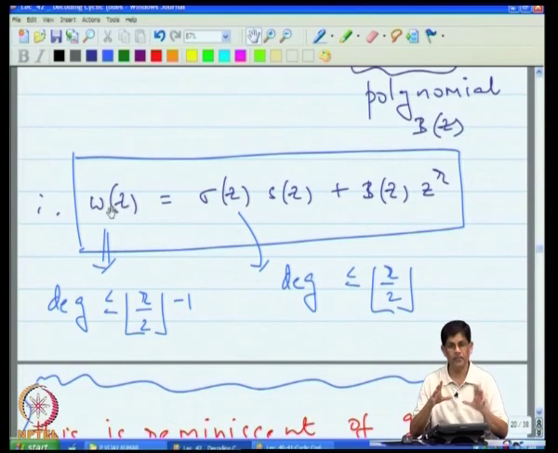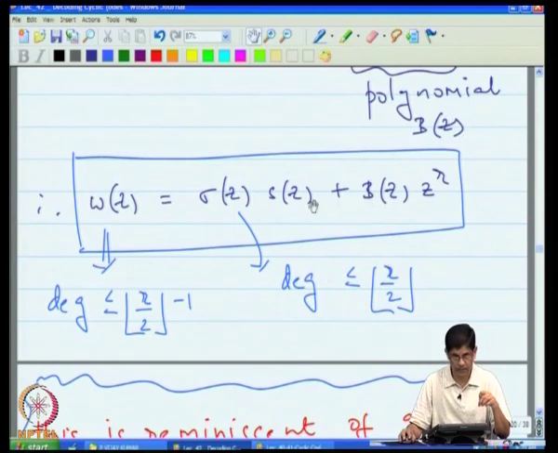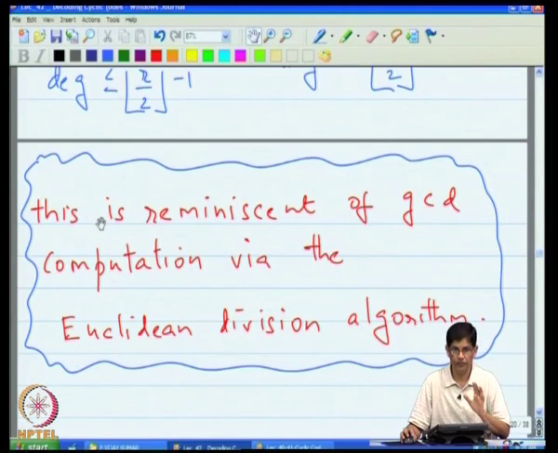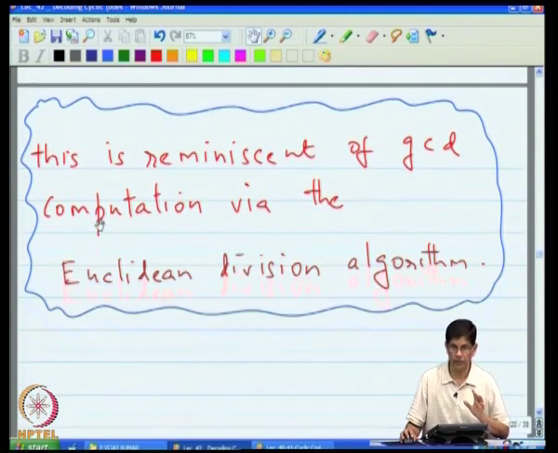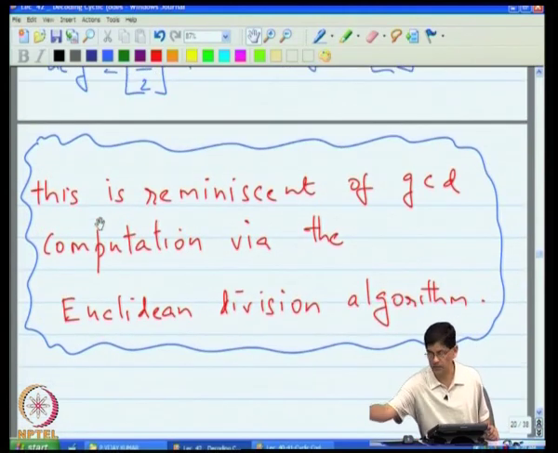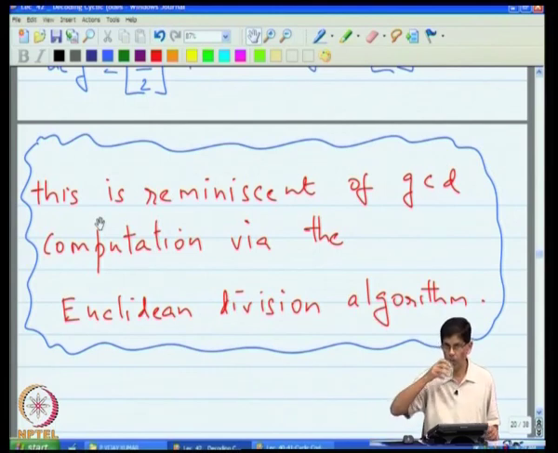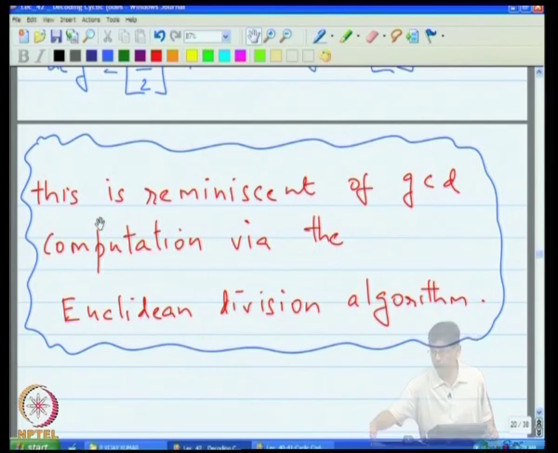So, this suggests that maybe the Euclidean algorithm will, if carried out starting with z to the r and S of z, maybe it will give us the sigma and omega, and that turns out to be true. Okay. That turns out to be true, although the proof is somewhat lengthy, so I will actually skip that.